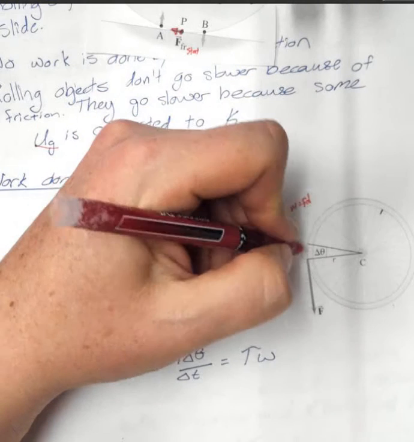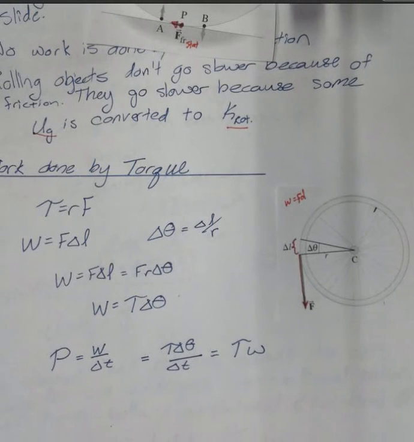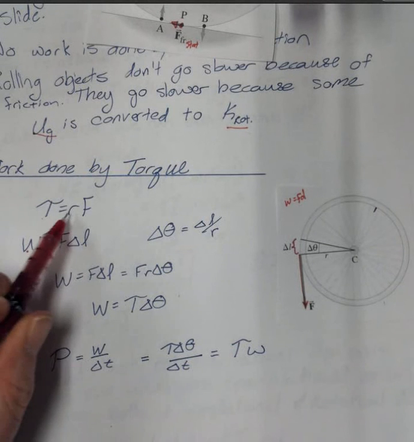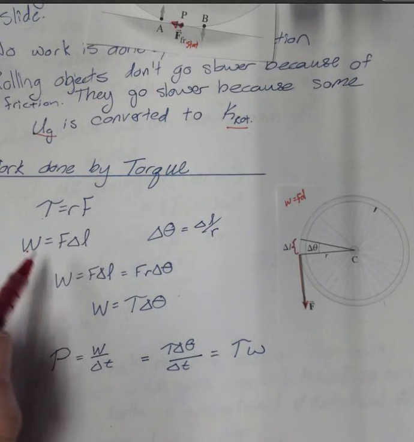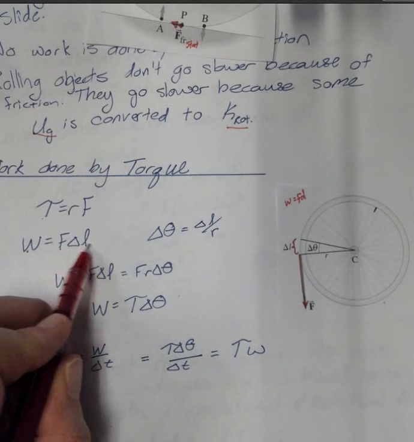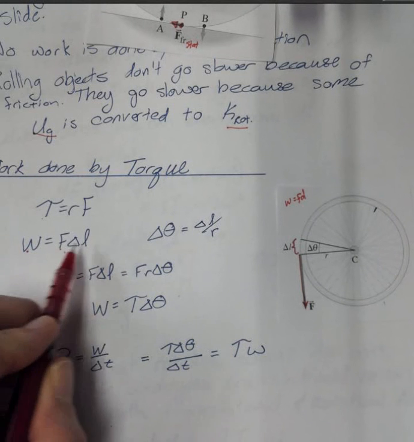And here the work would be a force, F, applied over a distance, and that distance is just some arc length. Right? So the work done by torque, right, torque is the radius times the force. The work done would be the force times some change in position: work equals force times distance.